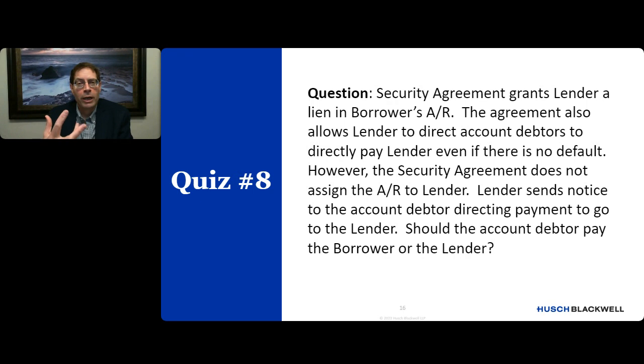All right, so what happened is the lender ended up sending a notice to these account debtors. Account debtors, that's kind of fancy language for a third party that owes the borrower money. So the lender sends an account notice to these third parties saying, hey, I've got a security agreement. You need to pay me directly. And the question is, who should the account debtor pay?